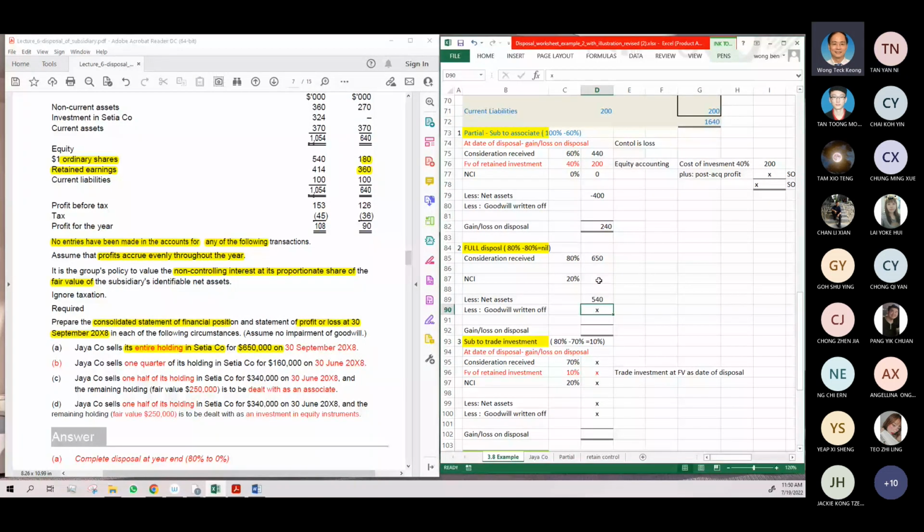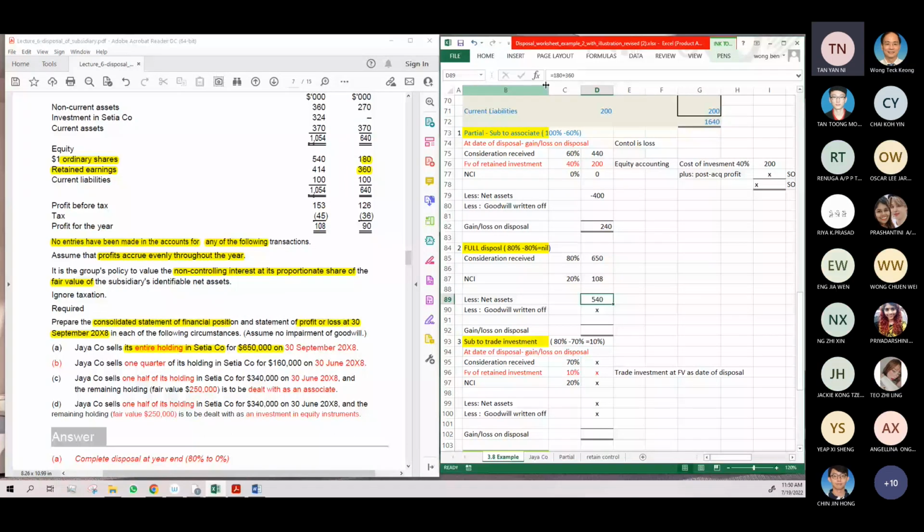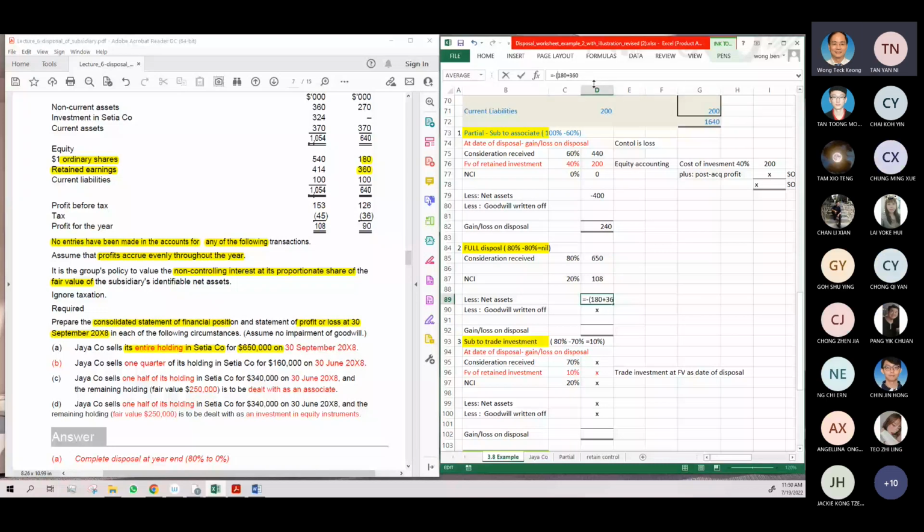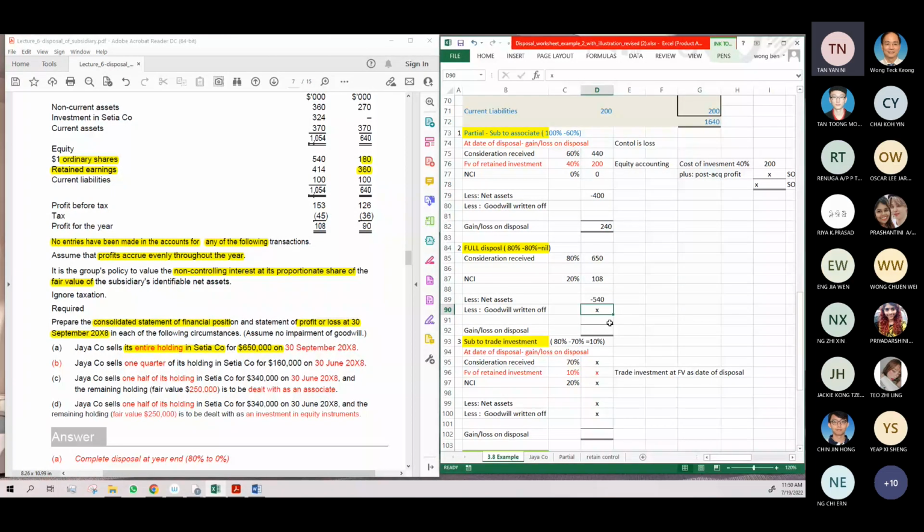So here 20% of 540, then minus your goodwill, remember, we have computed is 36.